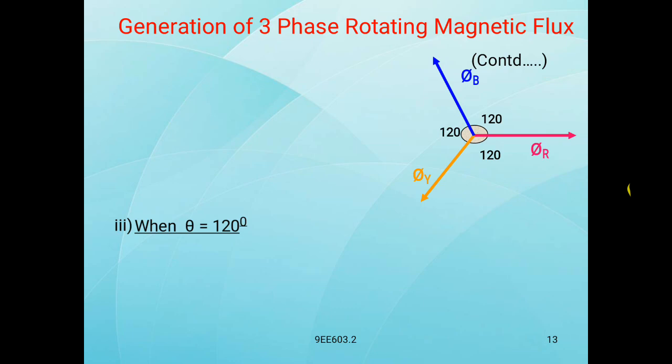Now here θ is equal to 120 degrees. What is the resultant rotating magnetic flux?